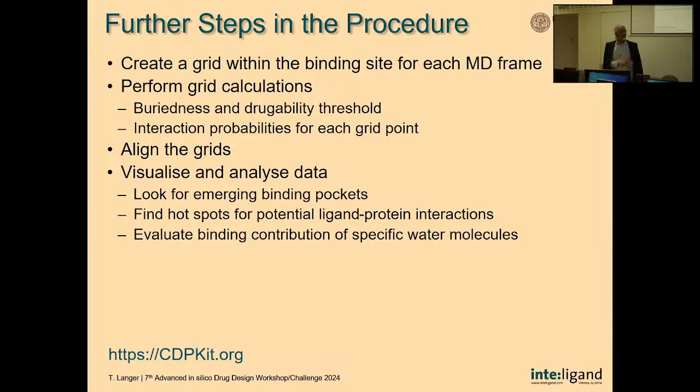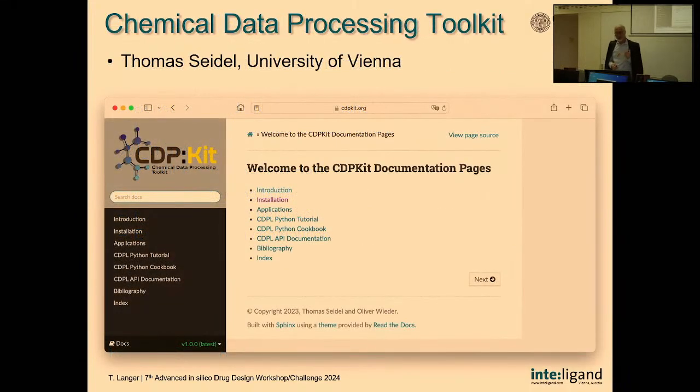And this method you will find in our toolkit that we make available as an open source toolkit. It's the CDP kit. And here's a website; its documentation is on the way. It's not completely documented yet, but it has a Python API. It's written in C++, high performance, high stability, and there are also some binaries that you can directly use in your scripts.